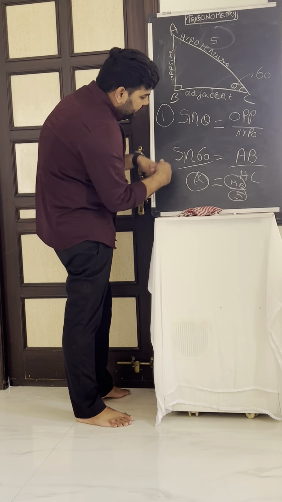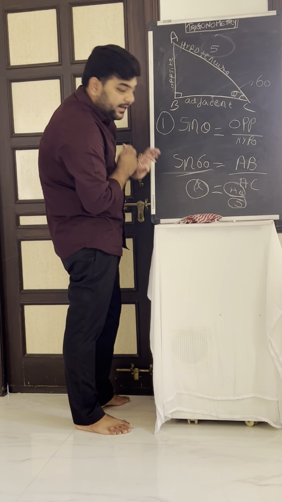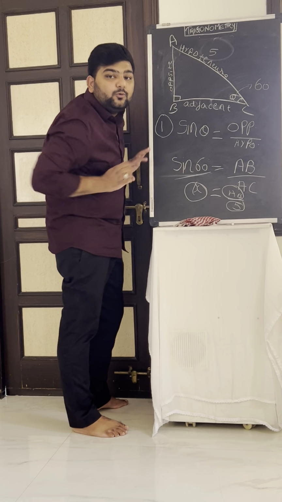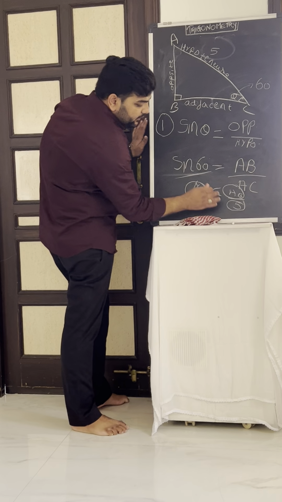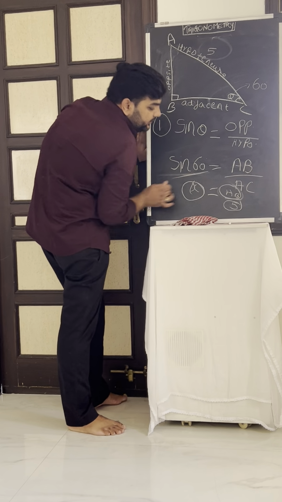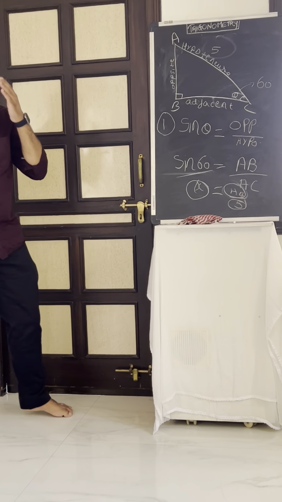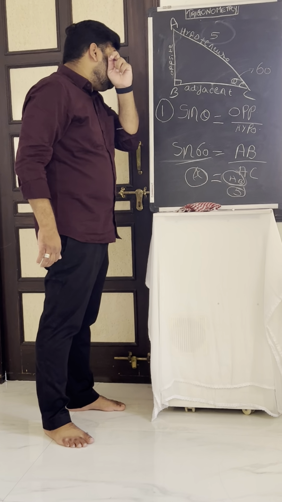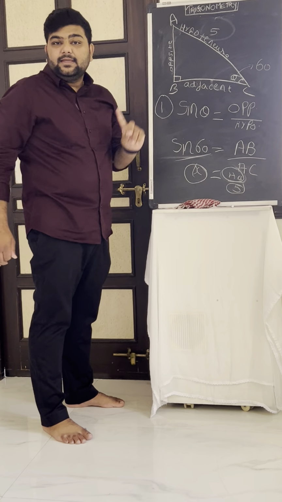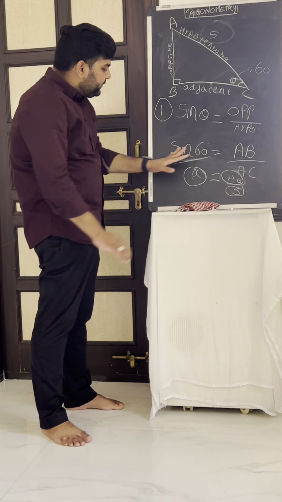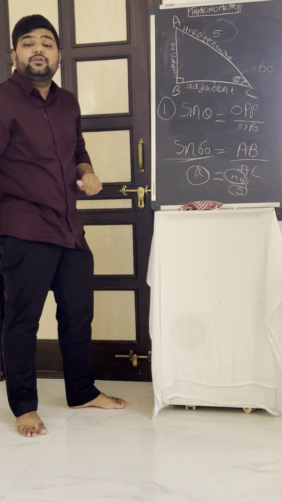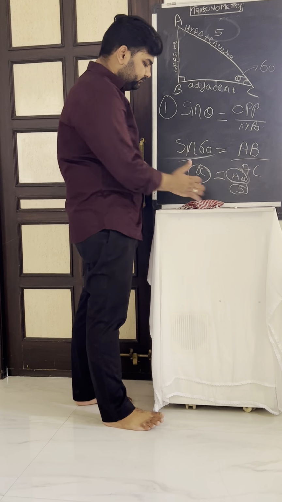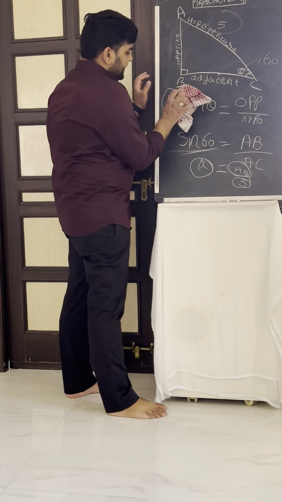I will keep that value of sine 60 over here, and then I will find the value of the third side. Right? So this was the first operator, the first function of trigonometry, which was sine theta.